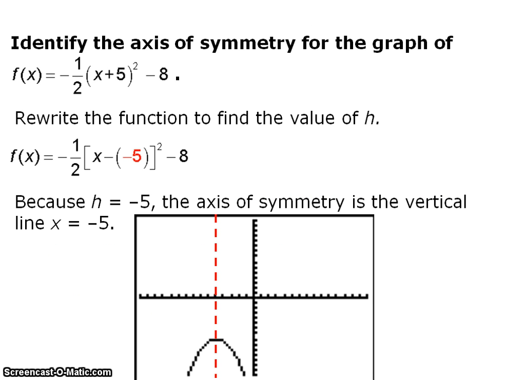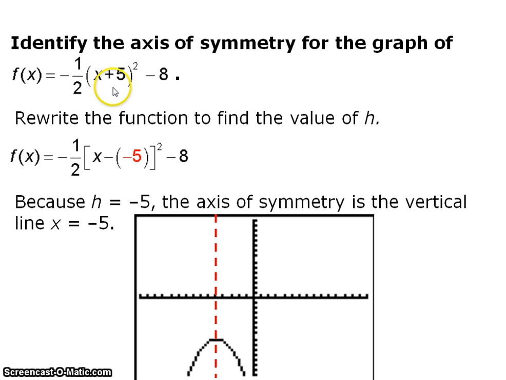Okay, now let's talk about how you might use the vertex form. I've given you a vertex form of a quadratic right here. We have negative 1/2 times (x plus 5) squared minus 8. Okay, so let's discover h and k. Now here I have rewritten this equation to find the value of h, and I found that it was negative 5.